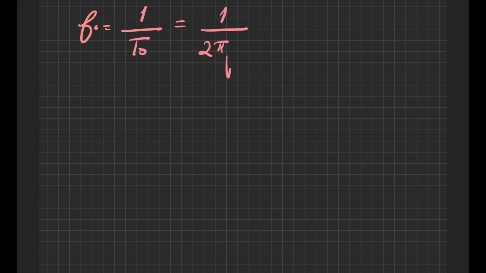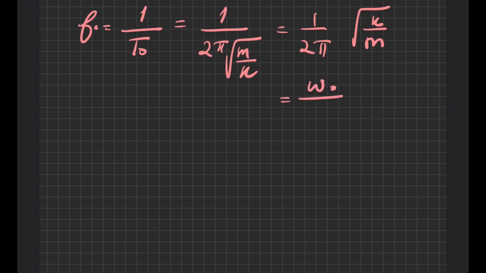Let's go to another page. So f0 equals 1 over T0 equals 1 over 2 pi radical m over k equals 1 over 2 pi. We just flip it, it becomes radical k over m. Radical k over m is omega 0, we already know that, so it is omega 0 over 2 pi.